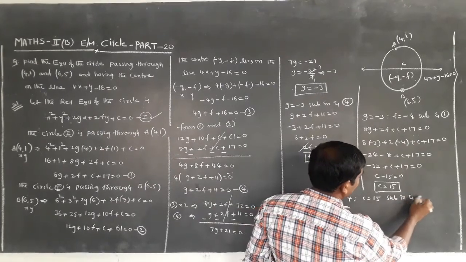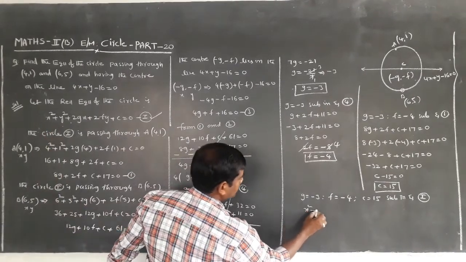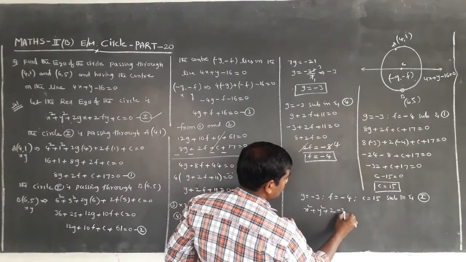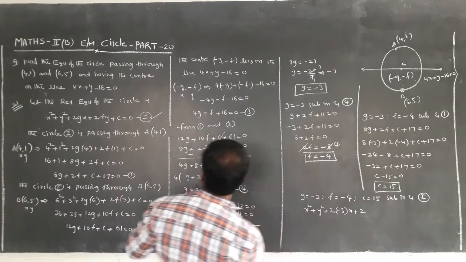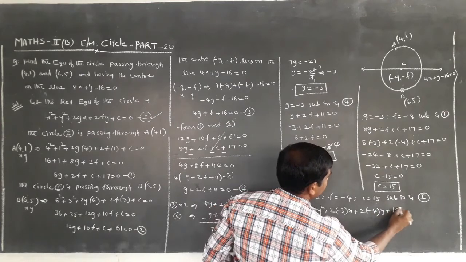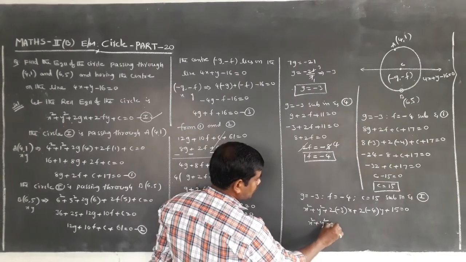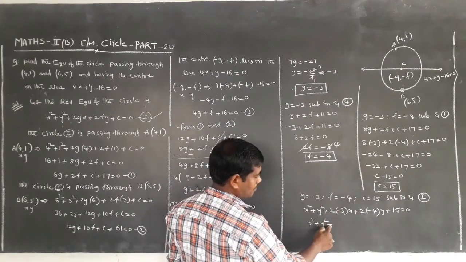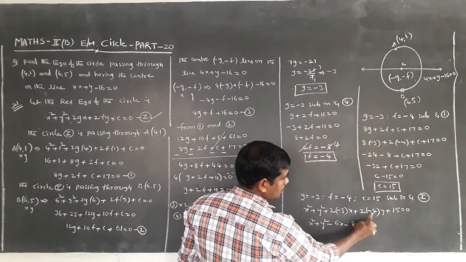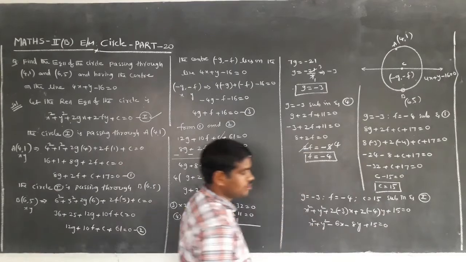Substitute in the equation: x square plus y square plus 2g x plus 2f y plus c is equal to 0. x square plus y square plus 2 into minus 3 is minus 6x, plus 2 into minus 4 is minus 8y, plus 15 is equal to 0.